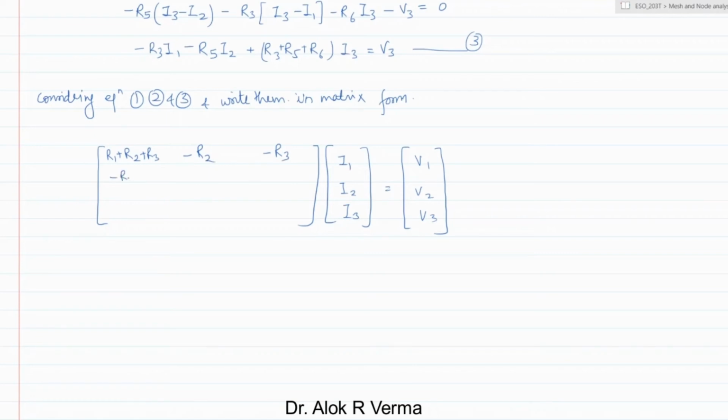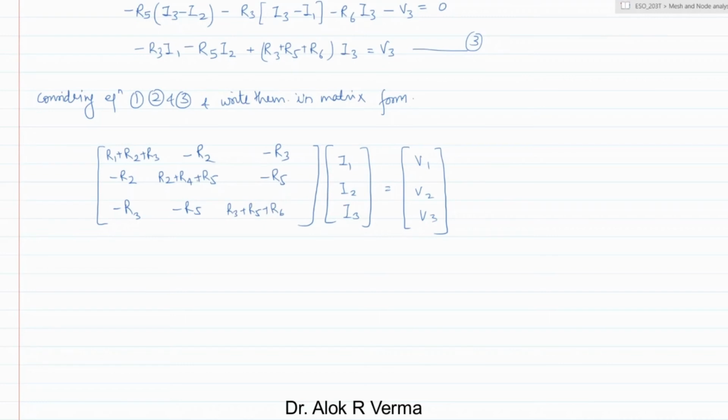Then minus R2, R2 plus R4 plus R5, then minus R5. Then minus R3, minus R5, and R3 plus R5 plus R6.